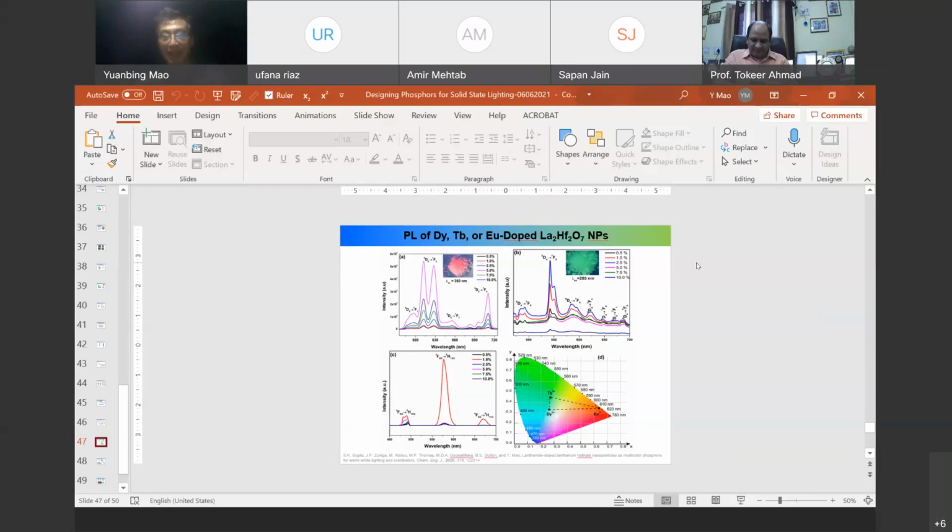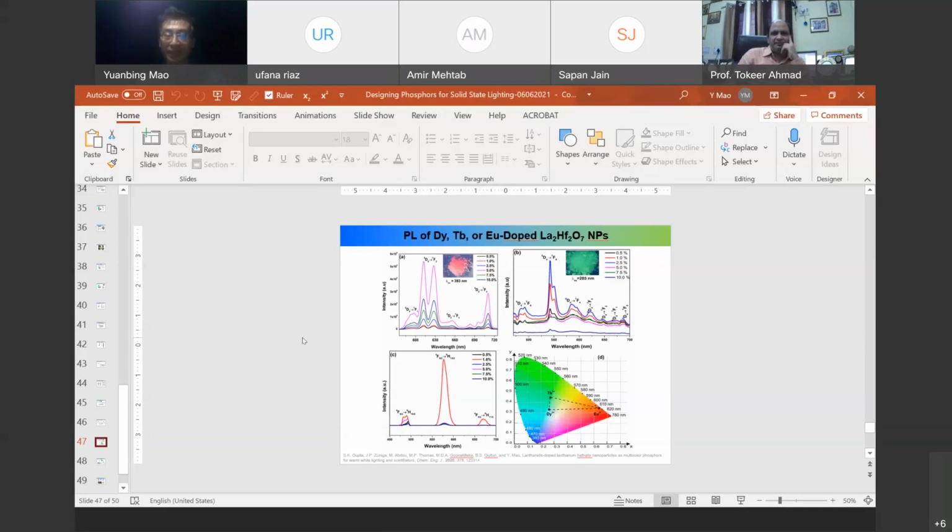That's why we selected the lanthanide hafnate. In terms of the wavelength conversion, again, as I mentioned earlier, there would always be heat generated.